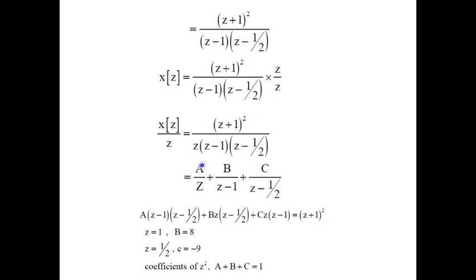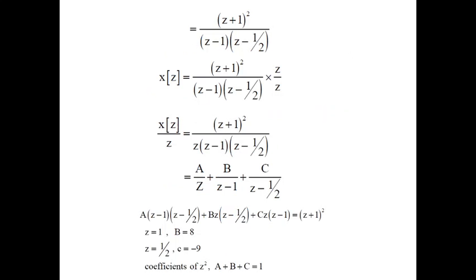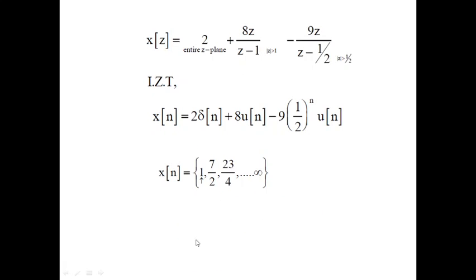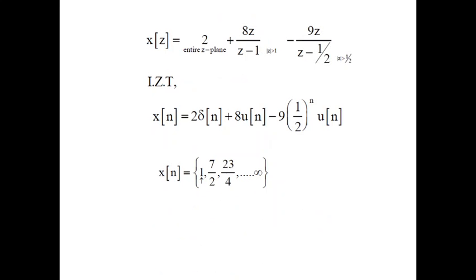So now you can comfortably apply partial fractions: a by z plus b by z minus 1 plus c by z minus 1 by 2. Please pause the video and apply partial fractions, and then obtain the values of a, b and c. After we obtain them, we get a value as 2, b value as 8 and c value as minus 9.